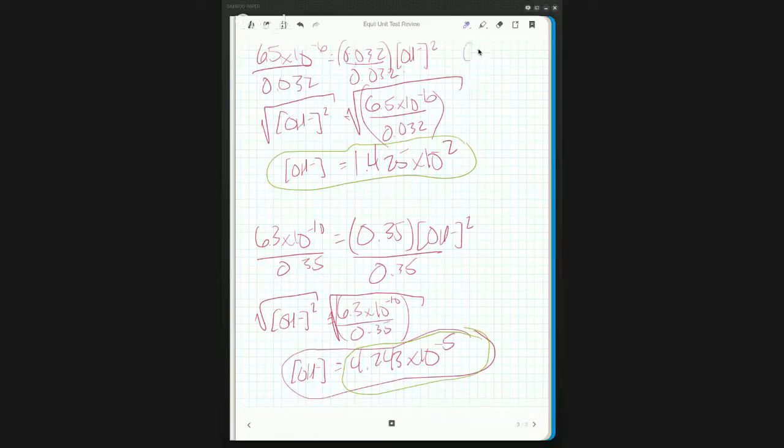And this is calcium hydroxide. This is magnesium hydroxide. The magnesium hydroxide concentration is smaller, so it's going to reach it first, meaning it will precipitate first.